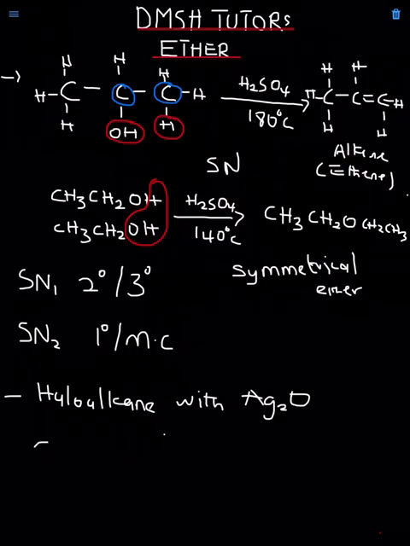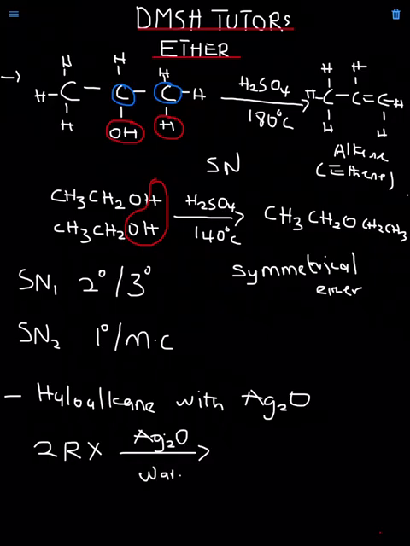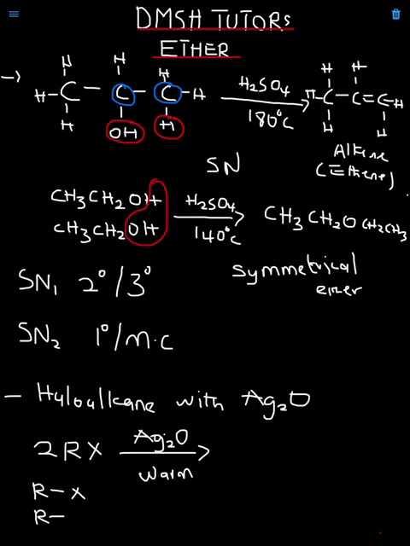In this case you need 2 molecules of alkyl halide, then silver(I) oxide, then you reflux or warm. The dry silver(I) oxide will remove the 2 halides and insert oxygen in their place.